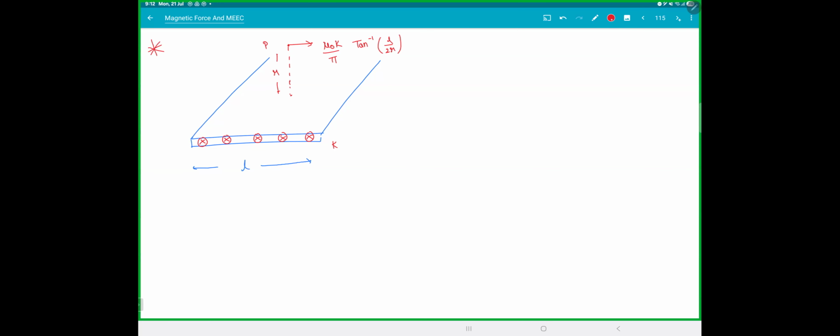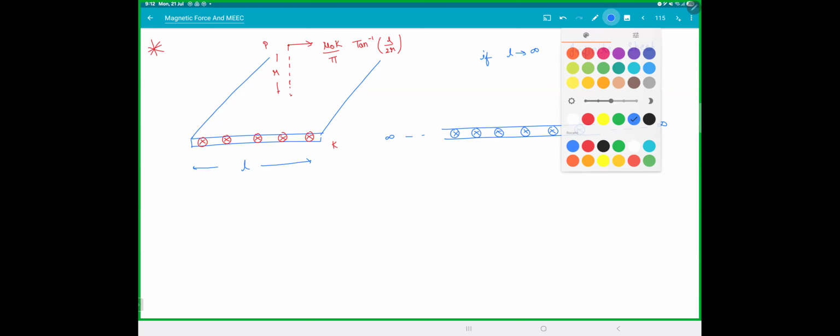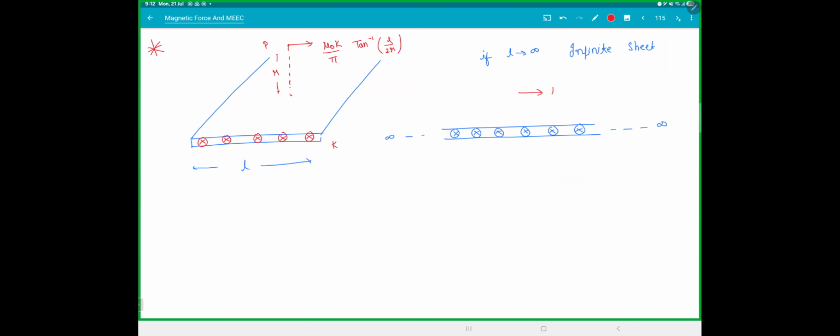Now here, if you make L tend to infinity, suddenly you make it an infinite sheet. This will be the side view, going till infinity, going till infinity. So if you look at the field here, this will be mu naught k by 2. The tan inverse of infinity becomes pi by 2. This will become mu naught k by 2.